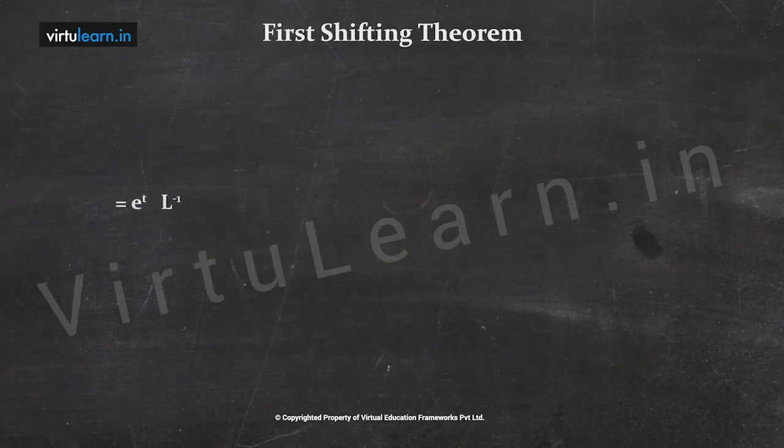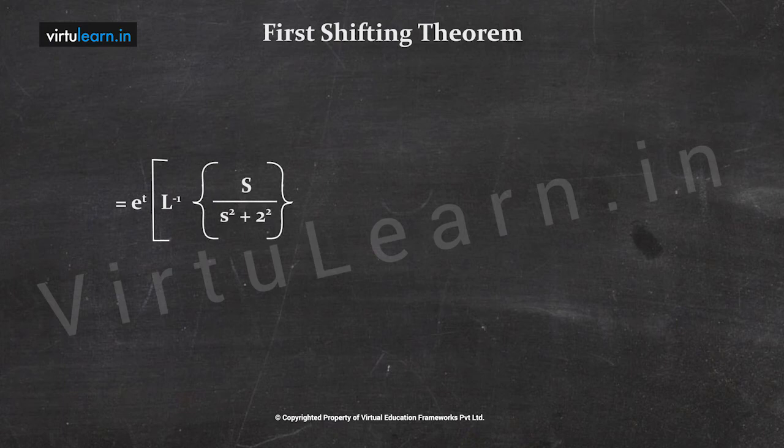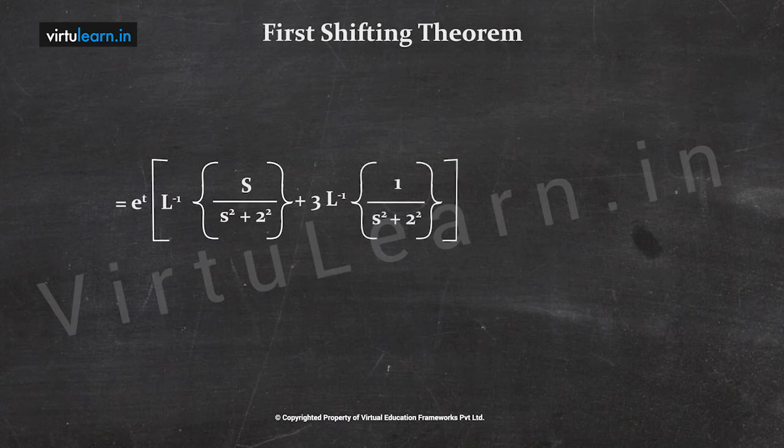Then e power t into L inverse of s by s square plus 2 square, plus 3 into L inverse of 1 by s square plus 2 square. From the basic formulas, this can be written as e power t into cos 2t plus 3 by 2 into sin 2t.